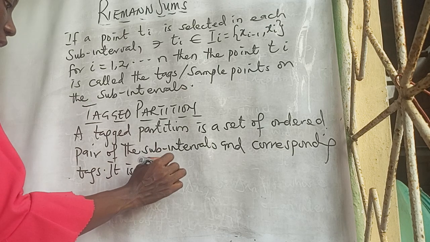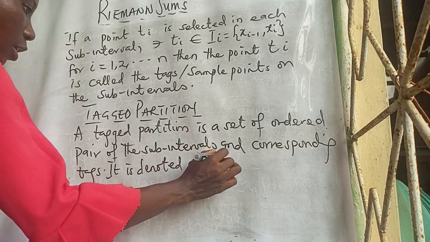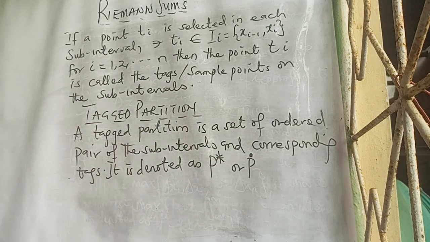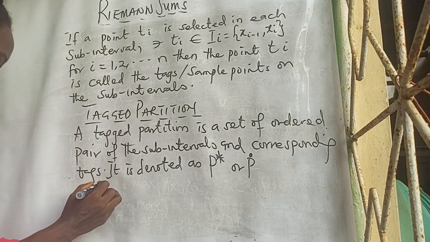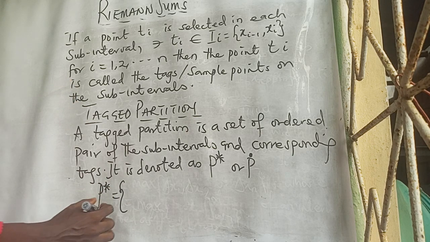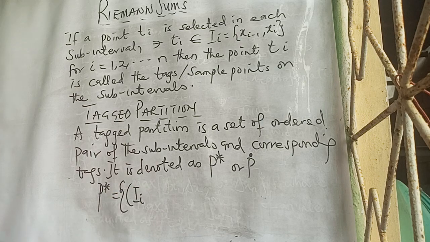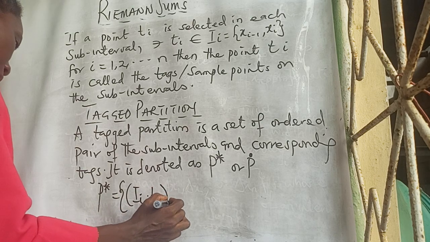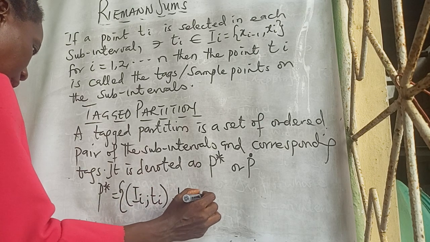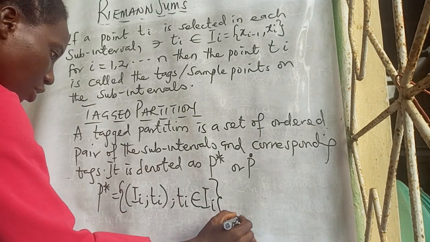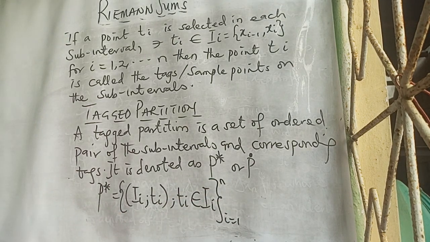It is denoted as P star, or P with the overhead dot. And our P star is equal to what? Remember we said it is a set of ordered pairs of our subinterval and the corresponding tag, where our t i is an element of I i, for i ranging from 1 to n.